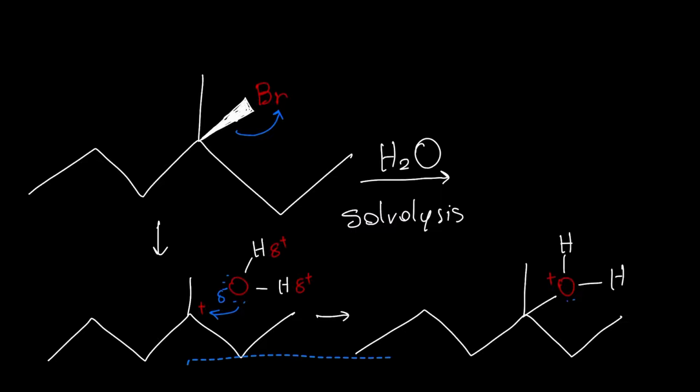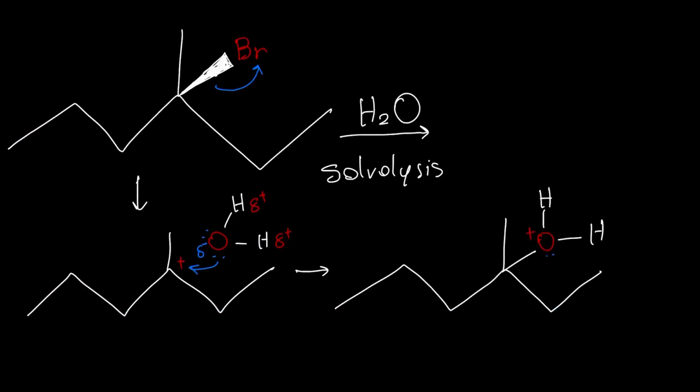What happens next, let me just move everything up, is that we're going to need another water molecule to come over here. Because this water molecule is partially negative, it is going to be attracted to the full positiveness of this oxygen atom, and not just the oxygen atom, this whole area right here is going to be positive. What this oxygen atom is going to do is steal a hydrogen from this oxygen.